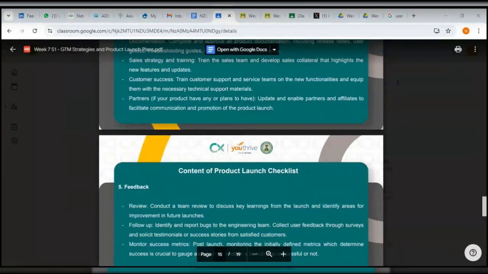Then your partners. You want to prepare your partners for the launching of your product, especially if these are partners that deal with things like integration, or that provide services to you in one way or another. Because when you launch, you might have a lot of incoming.